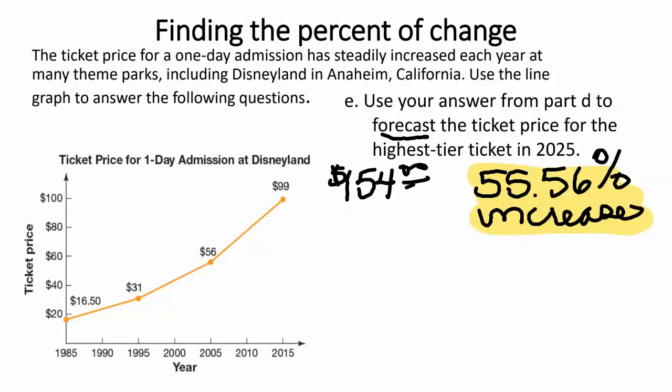This means that I am taking the higher tier, which is $154, and I'm multiplying by the 55.56% increase, which is a 100.56% increase. Notice we took that 55.56 and we added 100 to it.